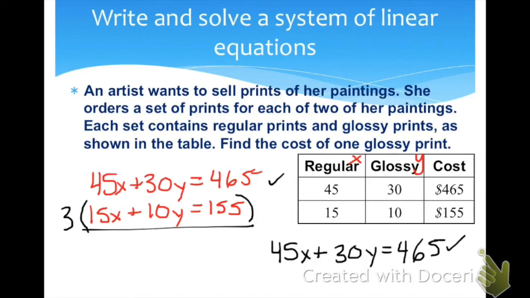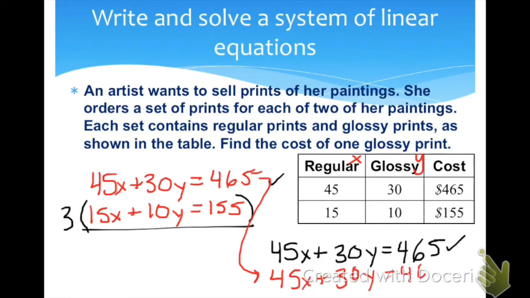So for the number of regular prints and the number of glossy prints that she makes, there's not enough information in this problem to give me a solution. Because if I took this original equation I had, put it under, and eliminated, I'm going to get 0 equals 0, right?